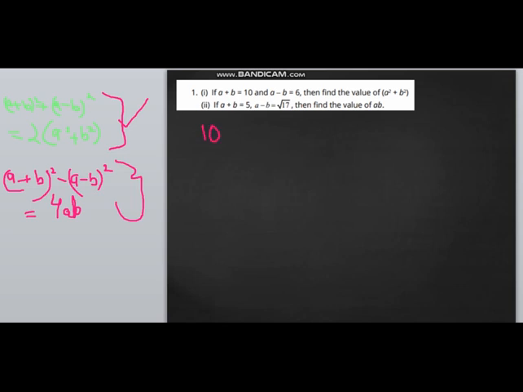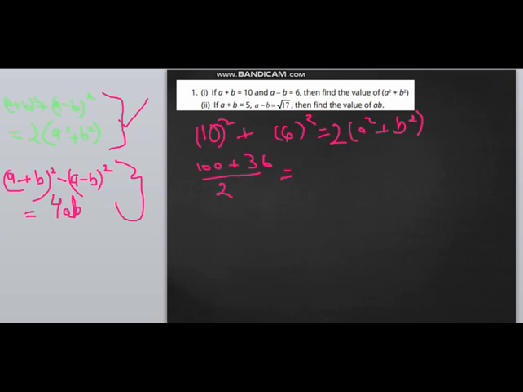So 10 squared plus a minus b is 6. So 6 squared equals to 2 times a squared plus b squared. 10 multiplied by 10 is 100. 6 multiplied by 6 is 36. And since 2 is multiplying in here, we're going to divide it on the other side of the equation.